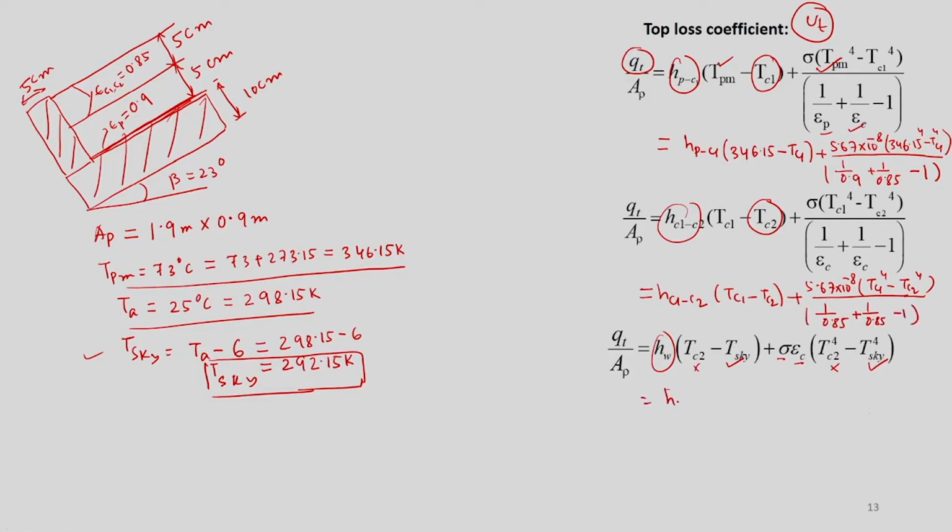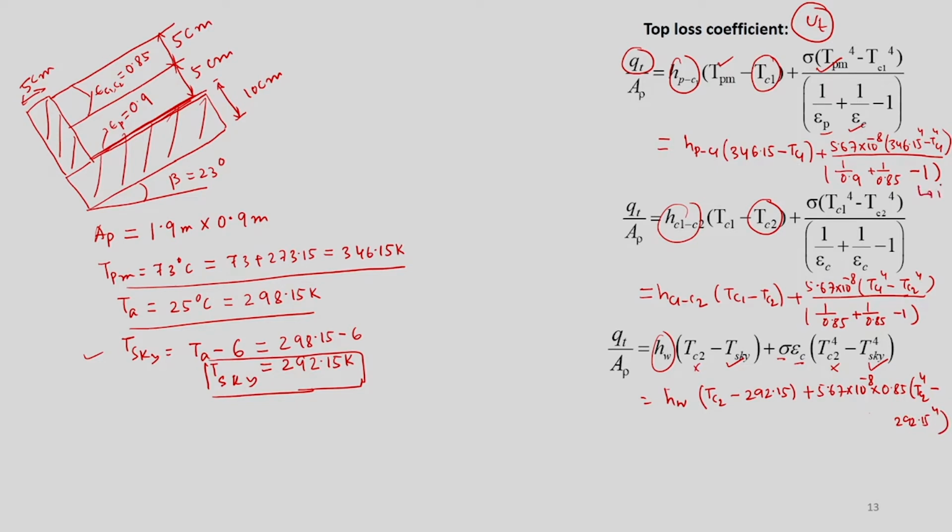And HW, then we will have TC2 is unknown, then T sky is known to us, 292.15, plus sigma 5.67 into 10 to the power of minus 8, Stefan Boltzmann constant, then this value is 0.85, then TC2 to the power 4 minus T sky, 292.15 to the power 4. So, we can simplify it further.